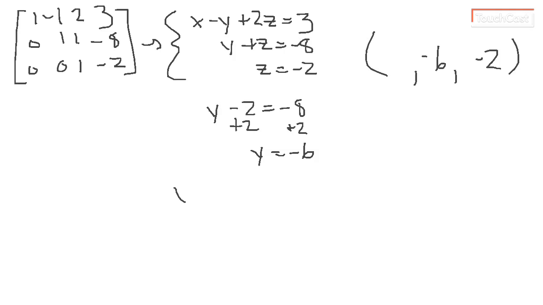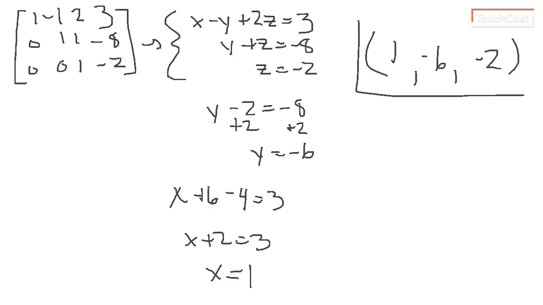And now we're going to go x plus 6. 2 times negative 2 is negative 4, so minus 4 equals 3. So we're going to have x plus 2 equals 3, which means x is equal to 1. So our solution is 1, negative 6, negative 2. And we're going to wrap up this lesson on Gauss elimination.